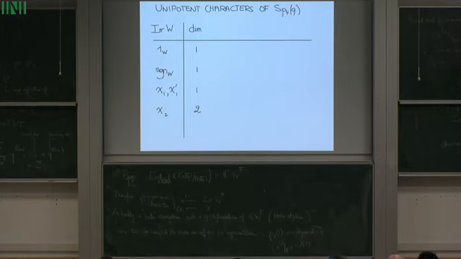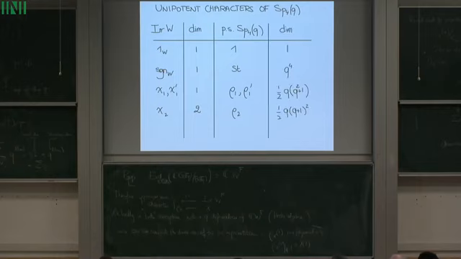So I get 5 corresponding principal series representations of SP4. I've tried to keep the same notation. And you can compute the dimension, and you can check if I haven't made any mistake, that if you put Q equals 1 in the last column, you'll get 1, 1, 1, and 2. Okay. So something happens already here, as you can see.